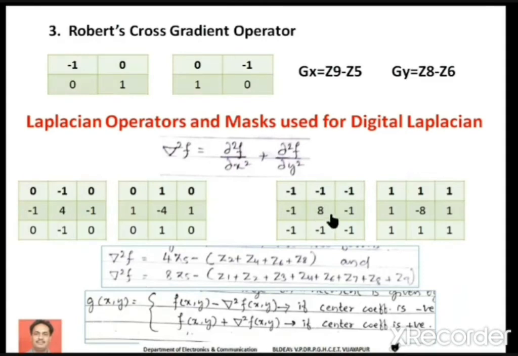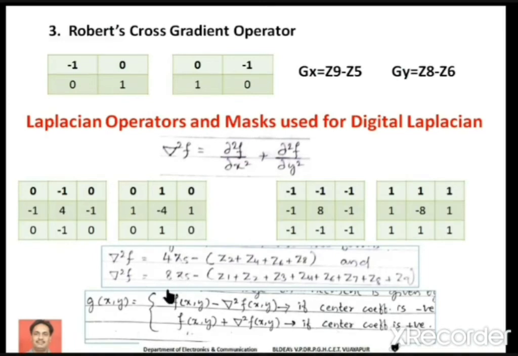I'll write it as 8z5 minus in bracket z1 to z9, but except z5. Z5 we have already taken, right?